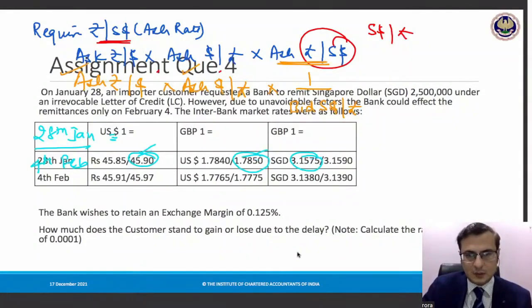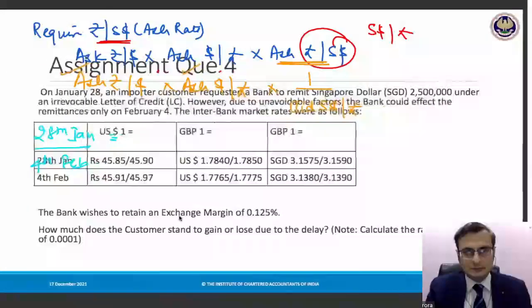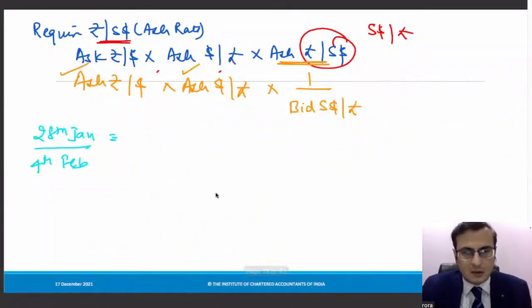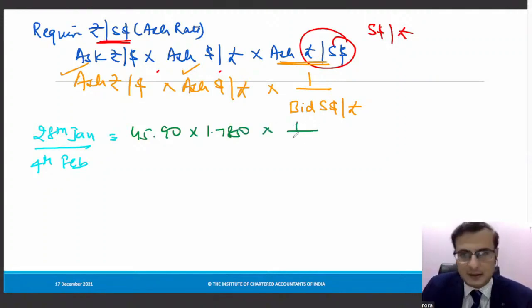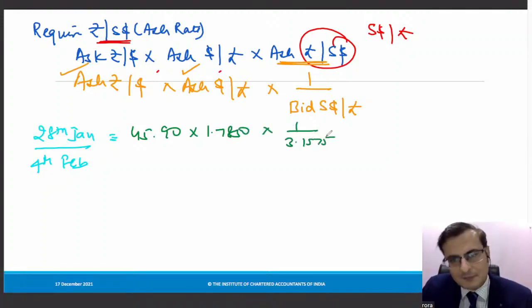Let's go there. I hope you remember those figures. 45.9, 1.7840, and 1 divided by 137. Let's write it over there. So these are the rates. I'll take the next color, the green. 45.90 into 1.7850 into 1 by bid, 3.157.